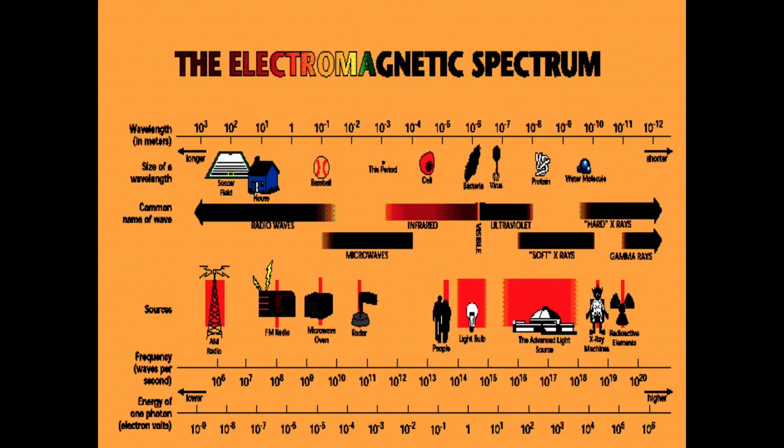So if you look at that, in the range from about 10 to the minus 1 meters, which is about 10 centimeters, to about 1,000 meters or greater, generally we call those radio waves. And those correspond to frequencies around 10 to the 9, 10 to the 10 hertz and below.